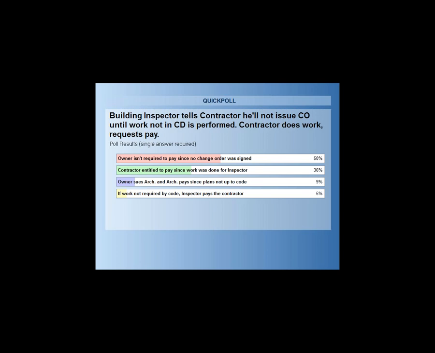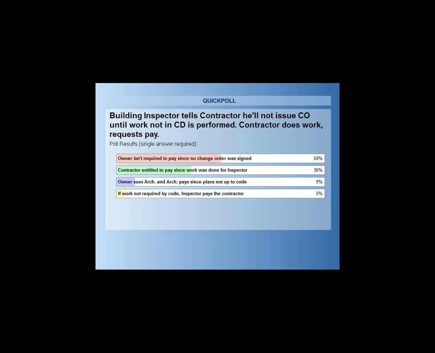A contractor may be able to validly make a claim under item 2 that, well, the work had to be done, the owner couldn't use the building, I'm, as a licensed contractor, obligated to comply with code, I had to do it, it wasn't in my scope, the owner has to pay for it.